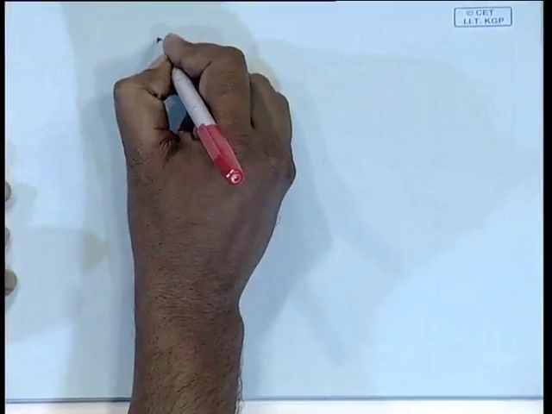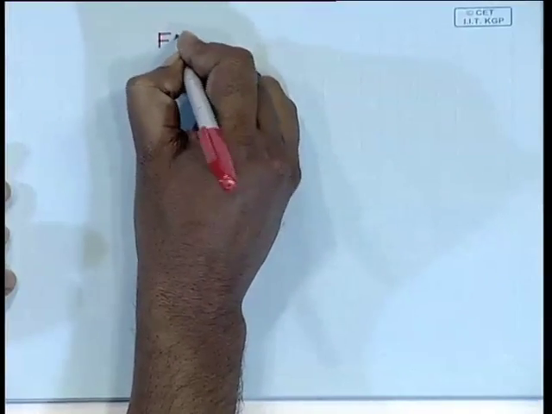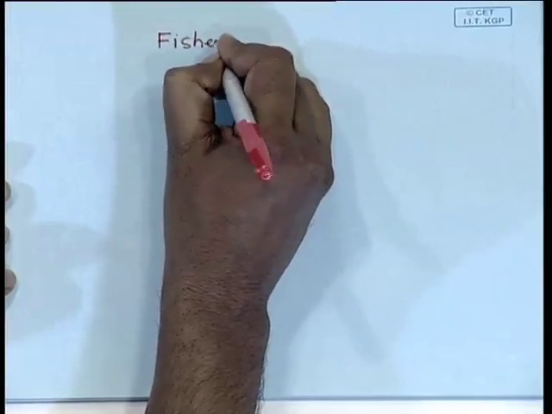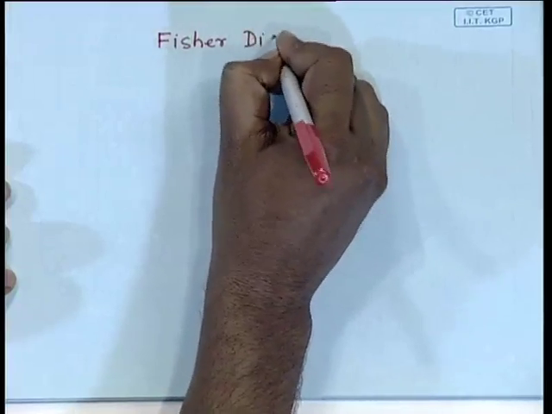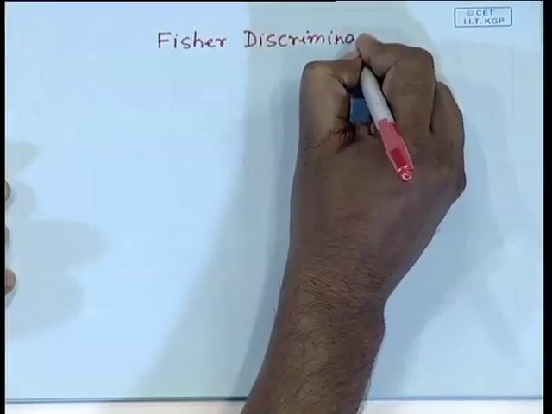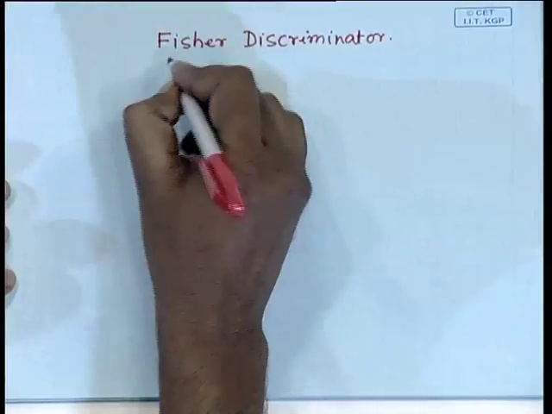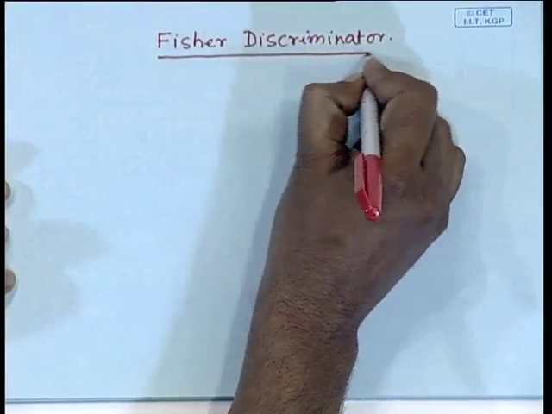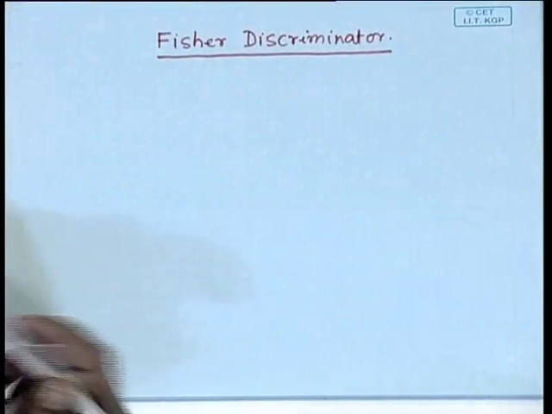The approach taken to design a classifier which can classify between two classes after taking the projections onto a lower dimensional space is what is called the Fisher discriminator. So, let us see what this is.